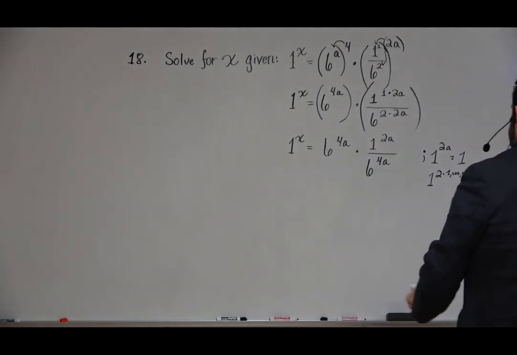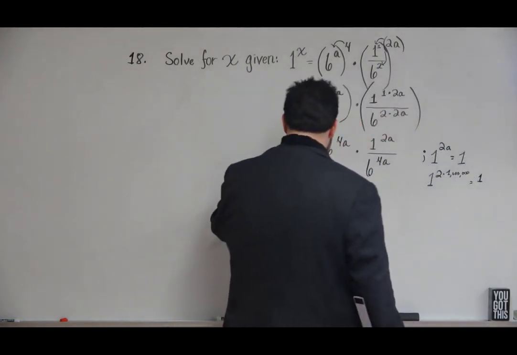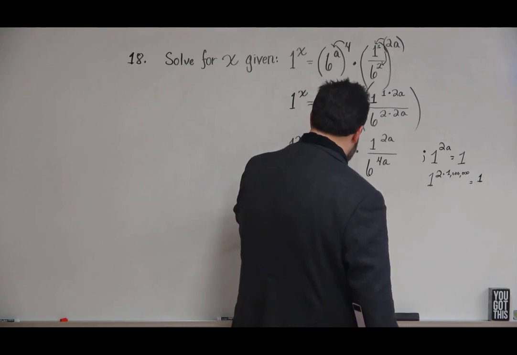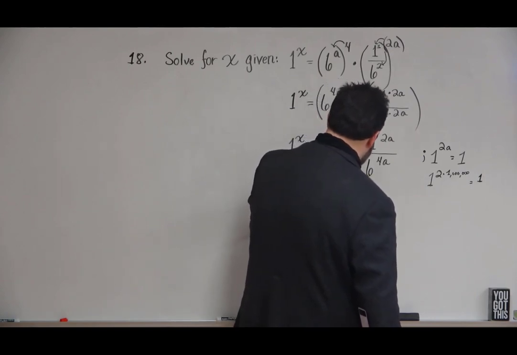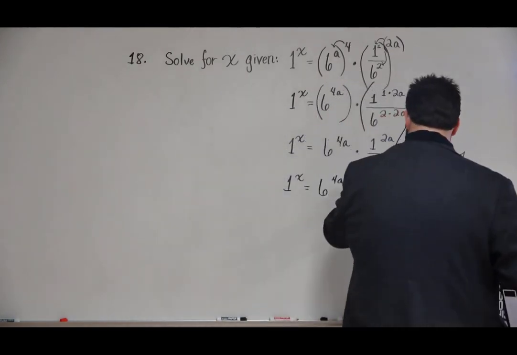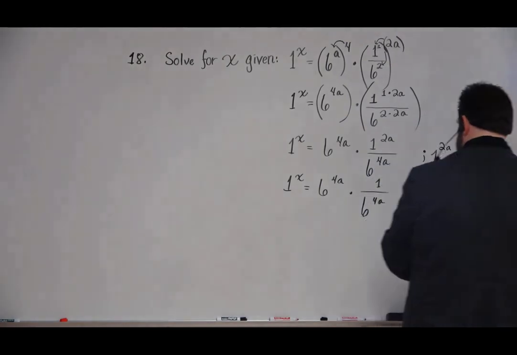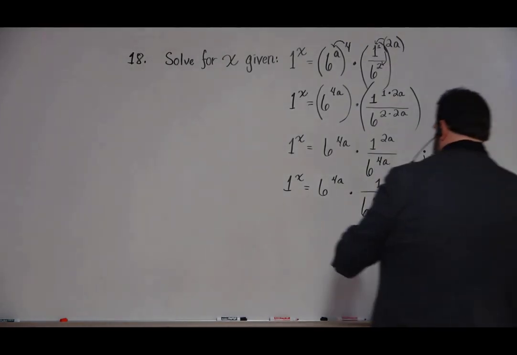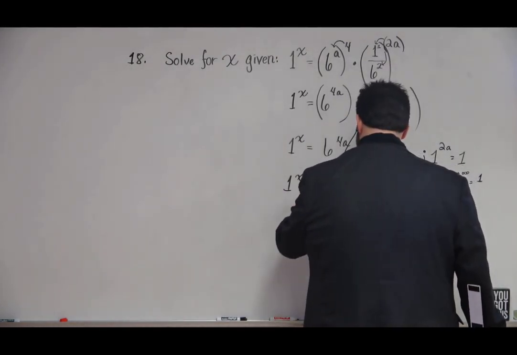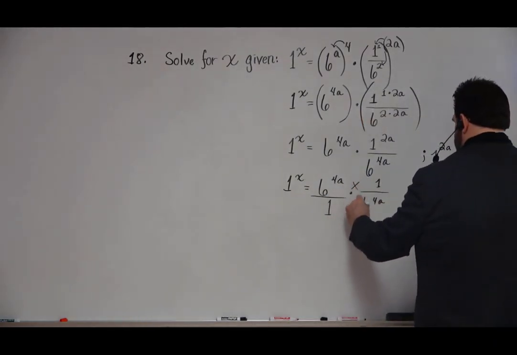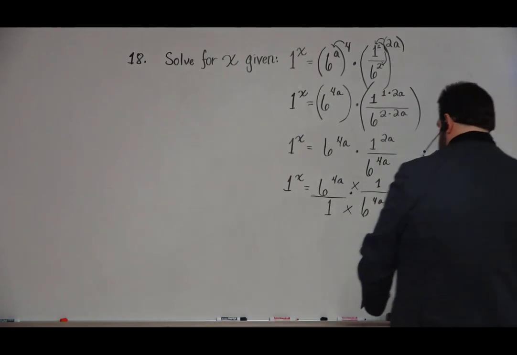So just play along. Basically we've got 1 to the x equals 6 to the 4a, we didn't touch that, times 1 over 6 to the 4a. If I put a line underneath this one and put a 1 down here, you can see I'm going to multiply across the top and across the bottom.